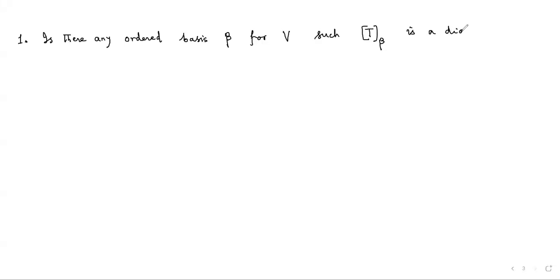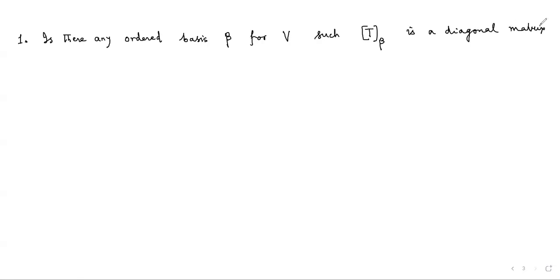So the first question that arises in this type of study is the following. Question number 1: is there any ordered basis beta for V, the vector space V? Obviously, always remember that my vector space is finite dimensional, such that the matrix representation of the linear operator is a diagonal matrix.